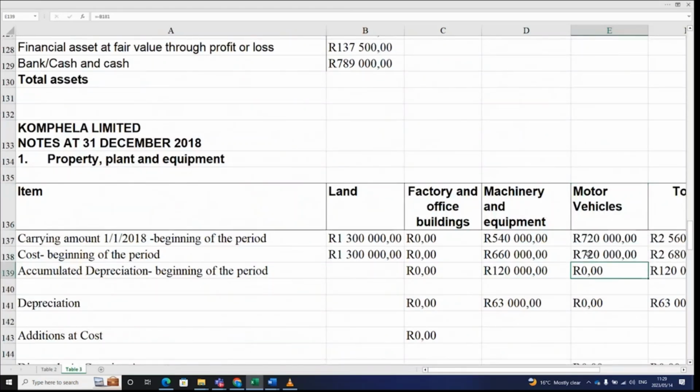Then we've got cumulated depreciation, which was 336. Okay. Let's change that sign there quickly. Right. So carrying amount at the beginning of the period was 384,000 Rand. Okay.